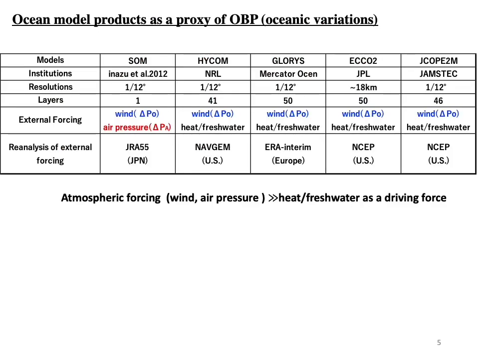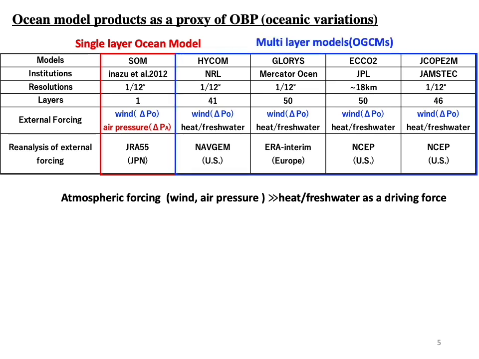These are the 5 ocean model products which we utilize in this study, and we can divide them into 2 types. Single-layer ocean models: barotropic model, developed by co-author Inazu. He tuned it for modeling bottom pressure. And multi-layer models, commonly called ocean general circulation models, OGCMs, and the baroclinic model, which covers the whole ocean.